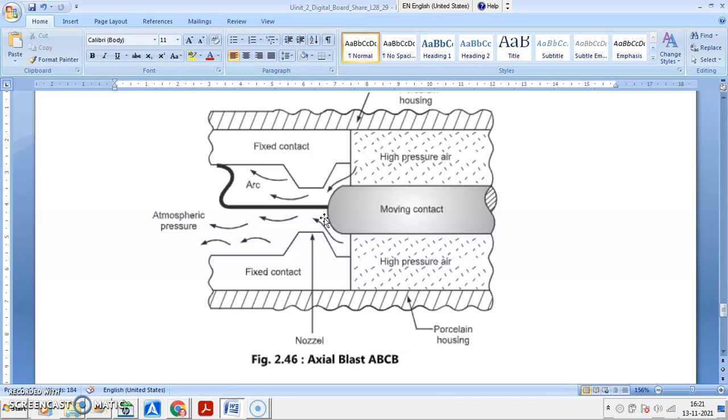Air blast circuit breakers have particular applications. They are used especially in arc furnaces and traction systems. So ABCB we have studied, air brake circuit breaker we have seen, cross blast ABCB and axial ABCB we have seen.